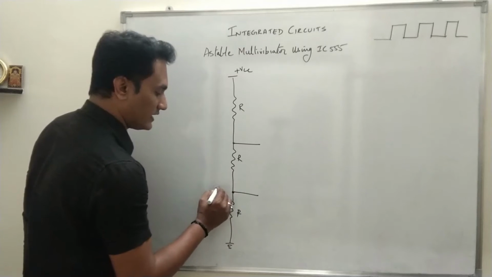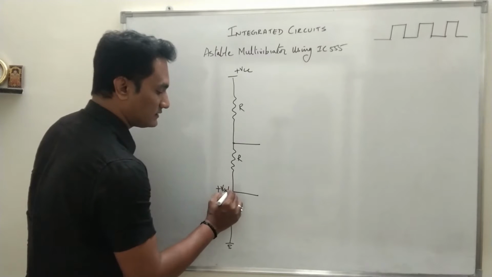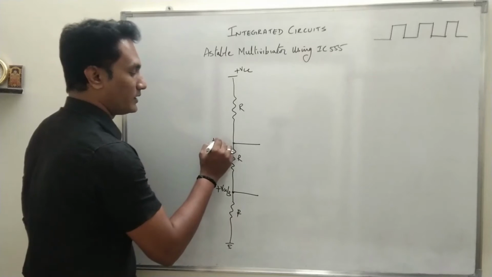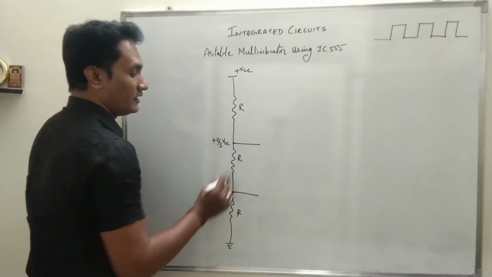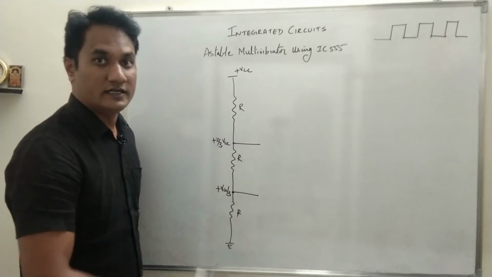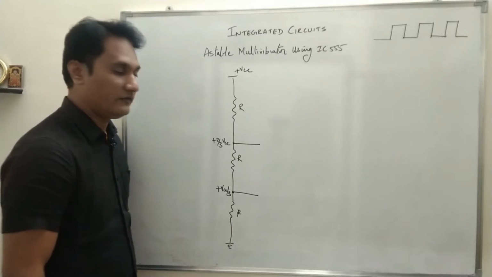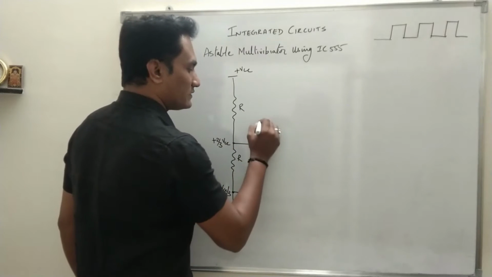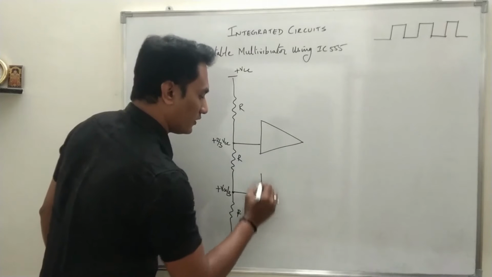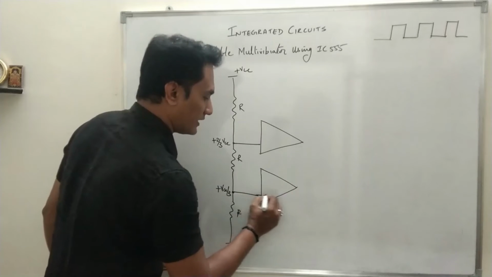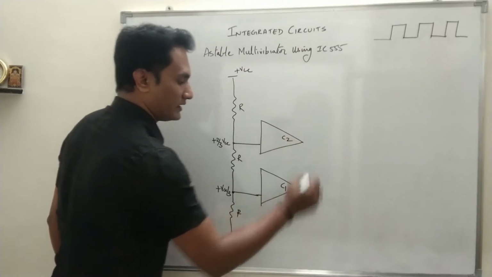The reference voltage at this point is plus VCC by 3, and here it will be plus 2 by 3 of VCC. How it comes, I have already explained in the internal architecture of IC 555 timer.